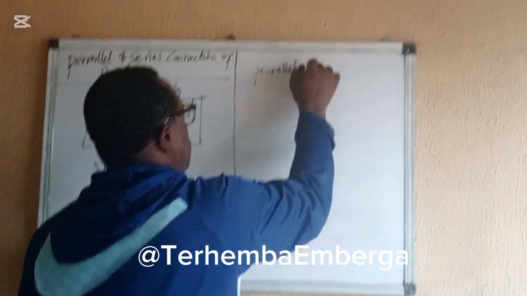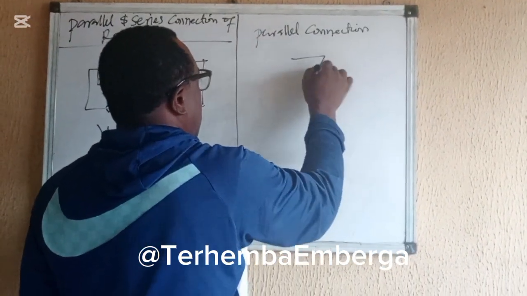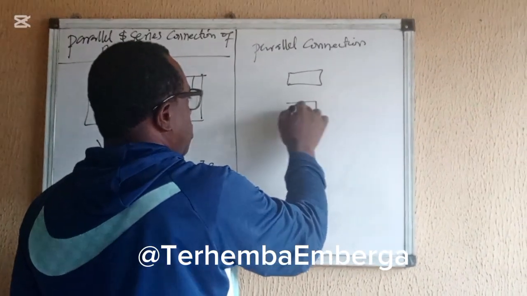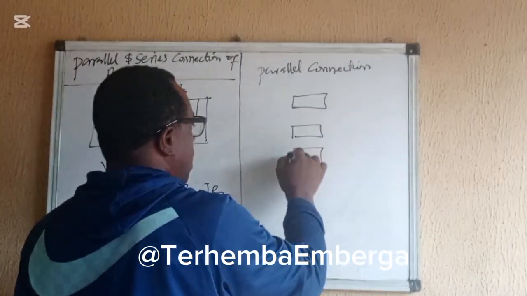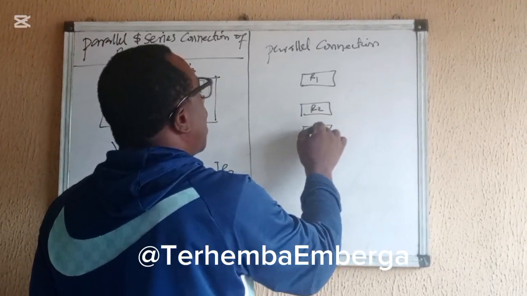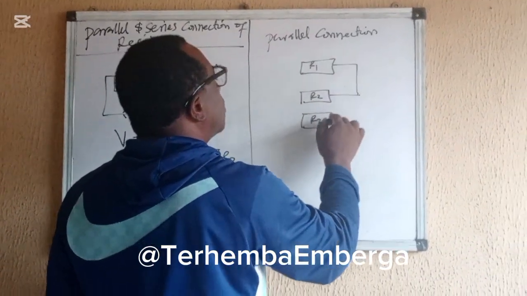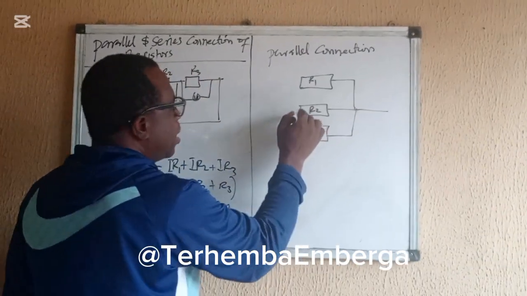So let's also look at the case where they are connected in a parallel arrangement. This is the same, resistor 1, resistor 2, resistor 3. This is R1, R2, R3 connected in parallel. This is a parallel connection.